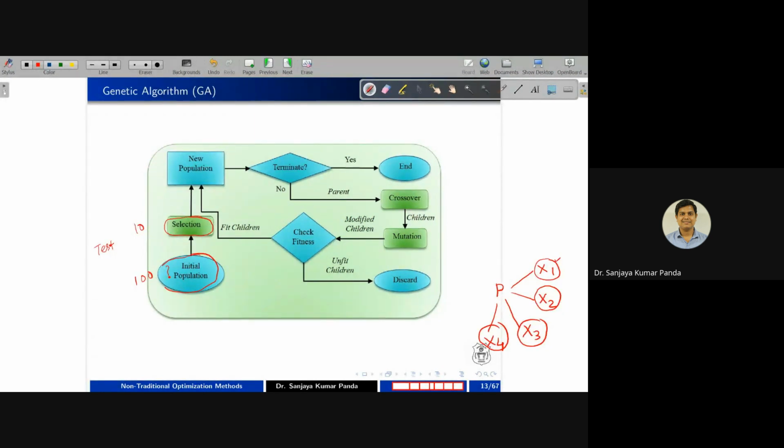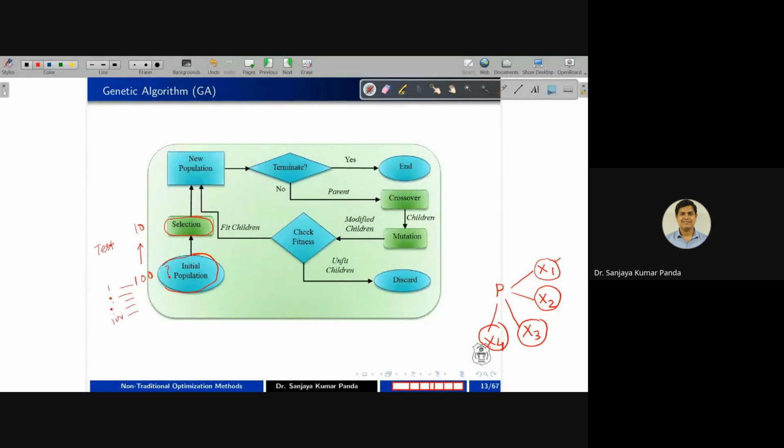So there is a function which we call the fitness function. That fitness function will help you say whether a particular population is fit for your problem or not. So you have to design a fitness function. You have to find the fitness value of each and every solution, from 1 to 100.